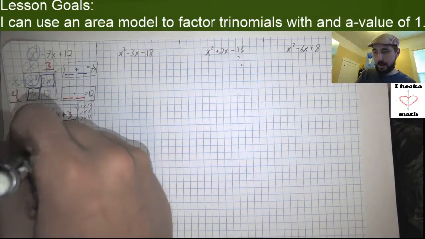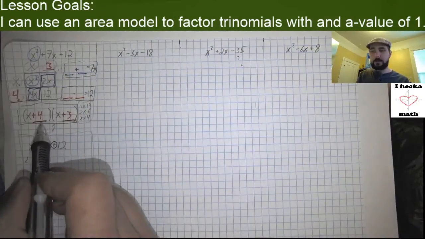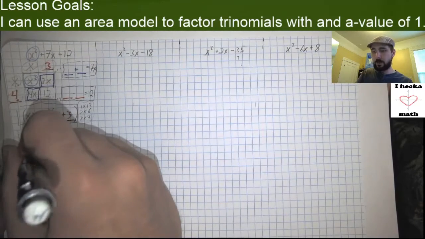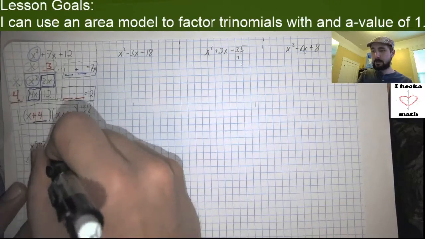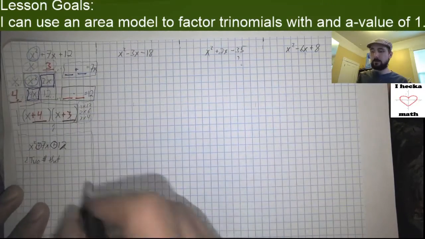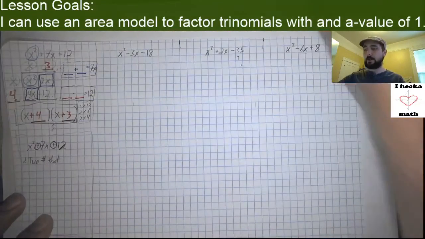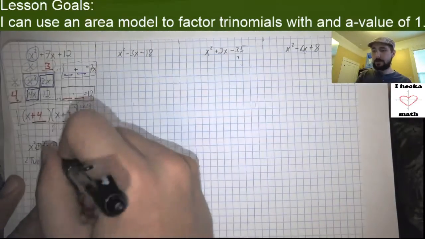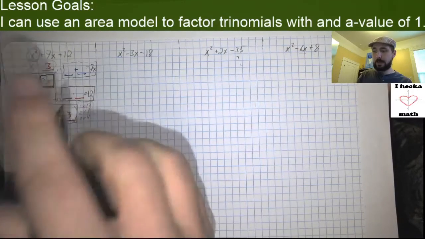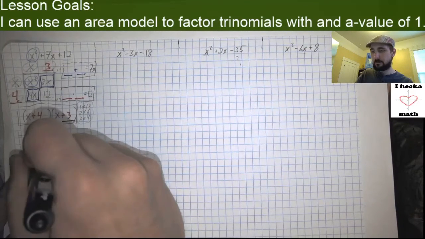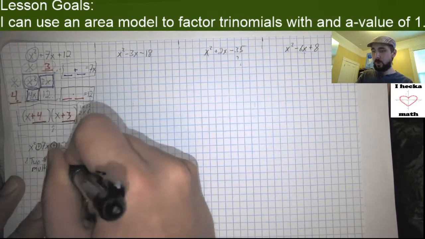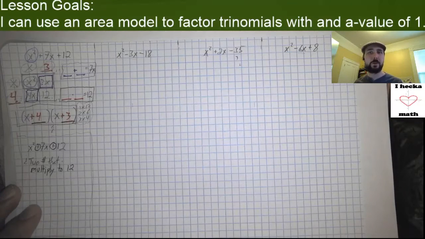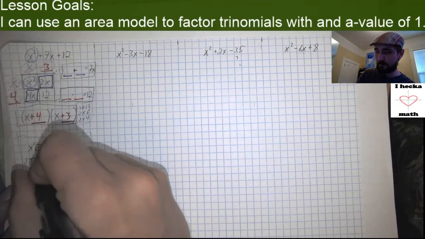So the question that we're asking ourselves for this problem ultimately was, what are two numbers that, and they had to do two things, right? So the first thing they had to do, two numbers that multiplied to 12, and two numbers that added to 7.